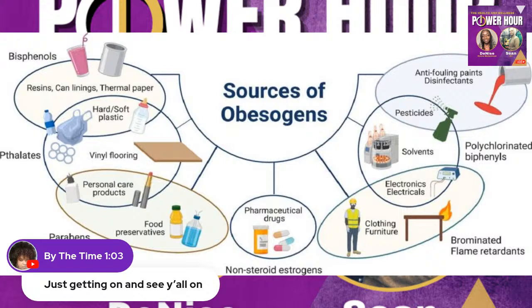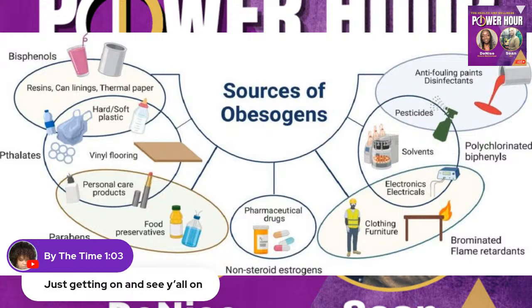Bisphenols, the resins, can linings, thermal paper. Hard, soft plastic, vinyl flooring. Personal care products, preservatives, parabens. That's in a lot of hair care products.